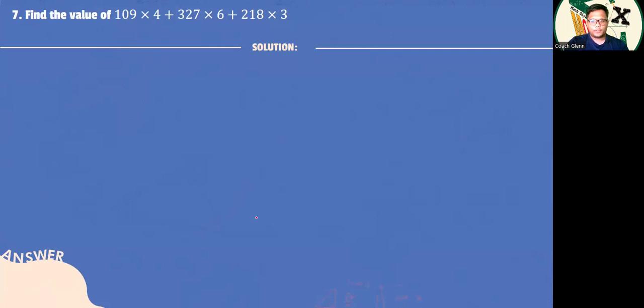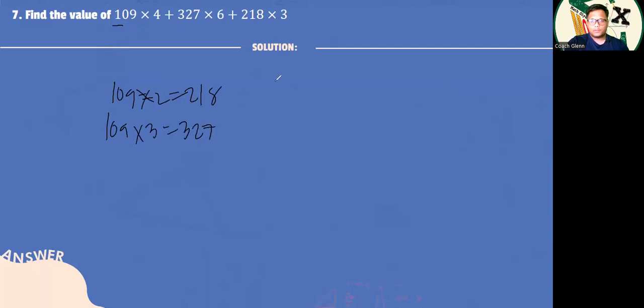As we can observe, 109 times 2 is equal to 218. 109 times 3 is equal to 327. Okay, so we can use that.